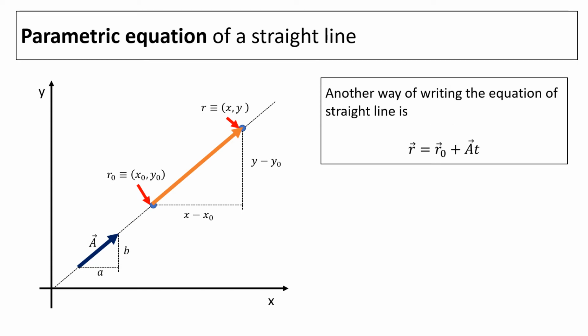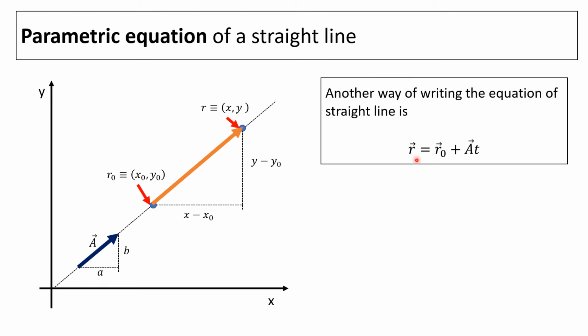So now let's look at another way to represent the straight line, that is by using this equation r equals r0 plus at. So here what it means is that when you go from r0, which is this point, and you add the number of vector a in the same direction, then you will reach the point r, right?